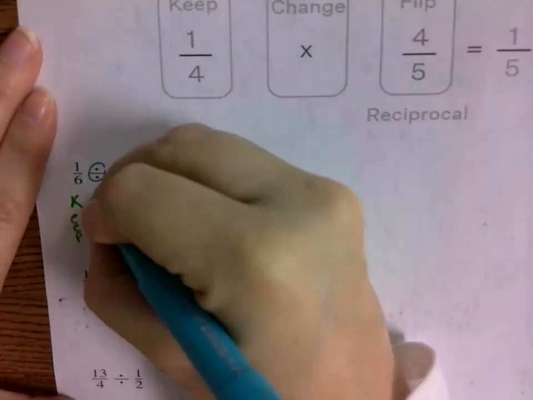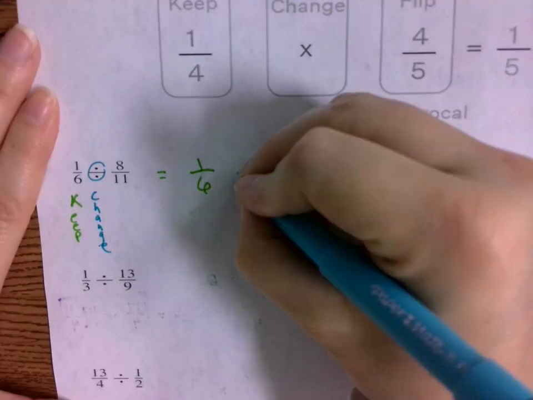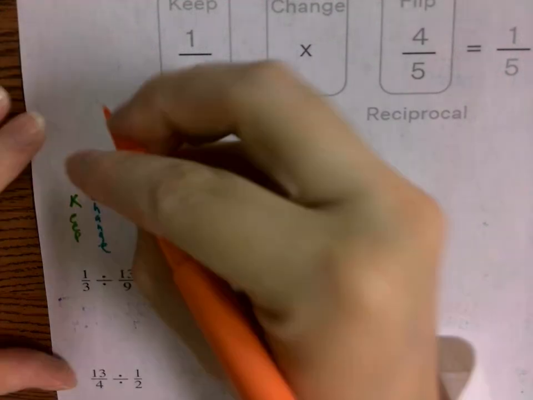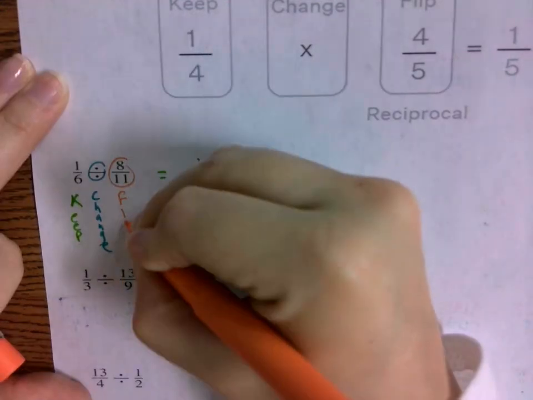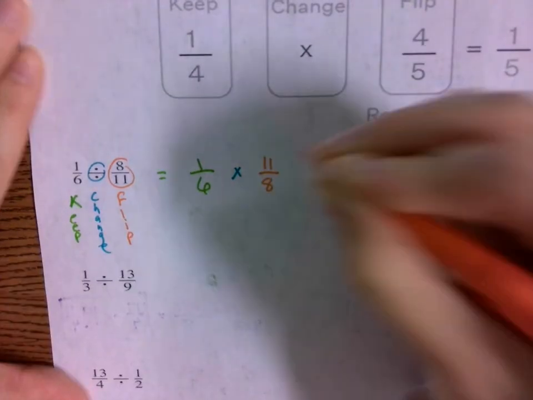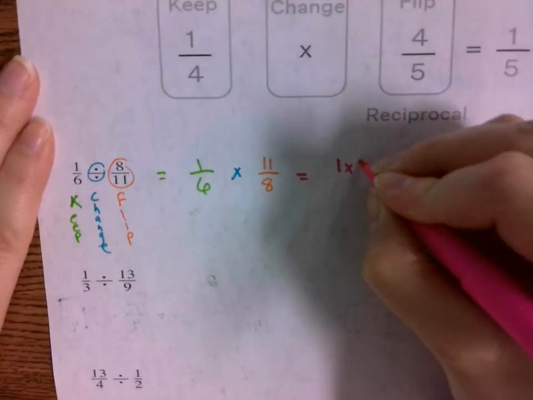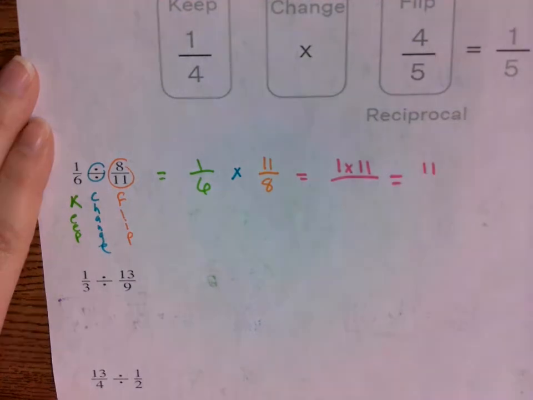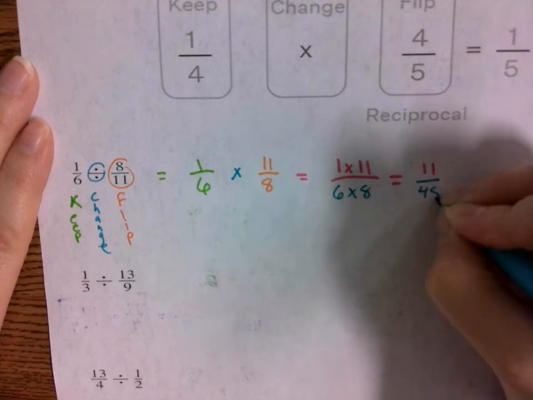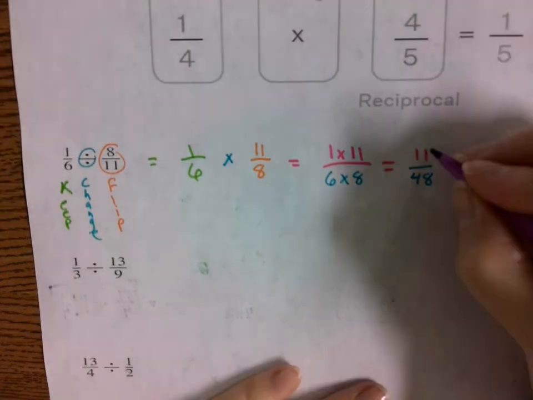We're going to change division into multiplication, and then we're going to flip the second fraction upside down, so it becomes 11 over 8. Then we just follow our multiplication rules. We multiply the numerators, 1 times 11 is 11. We multiply our denominators, 6 times 8 is 48. So we have 11 over 48, and that's as simplified as it gets.